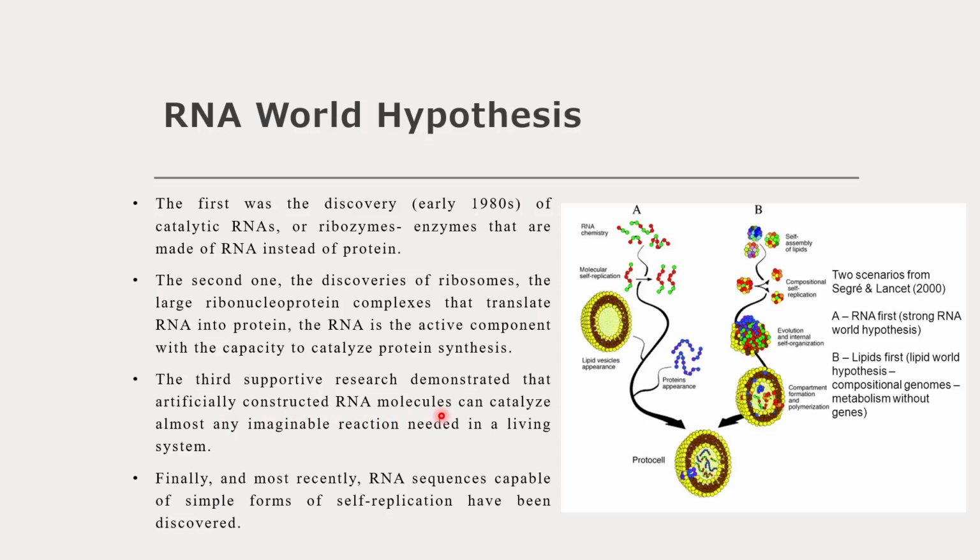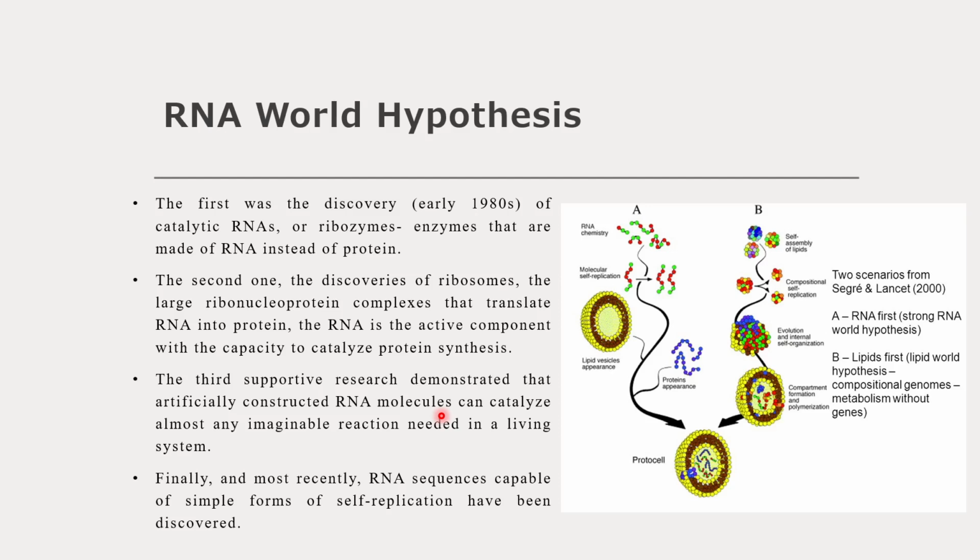The scientists made RNA molecules artificially, and tried to understand if they could catalyze the metabolic processes inside our body. It was found that yes, they can catalyze different metabolic processes.